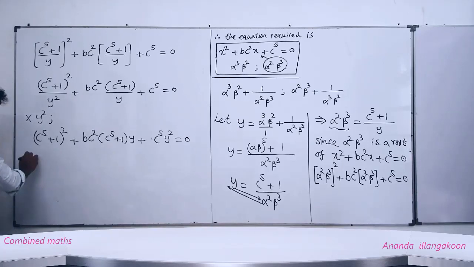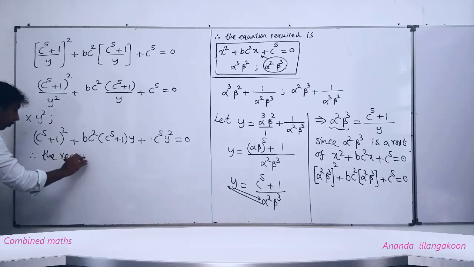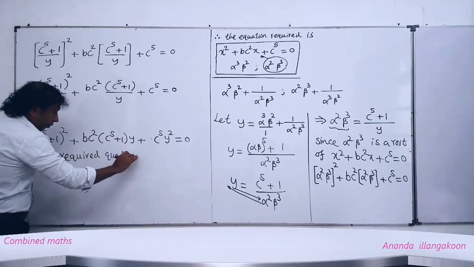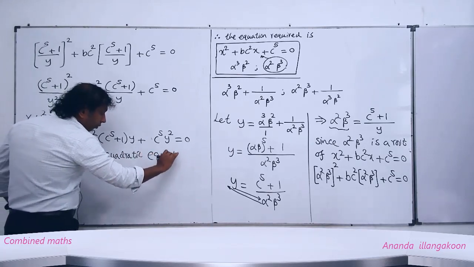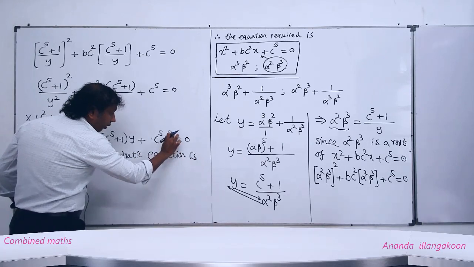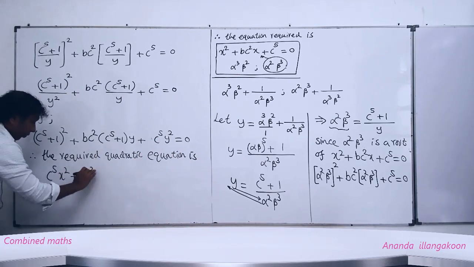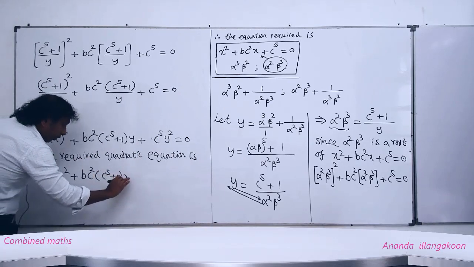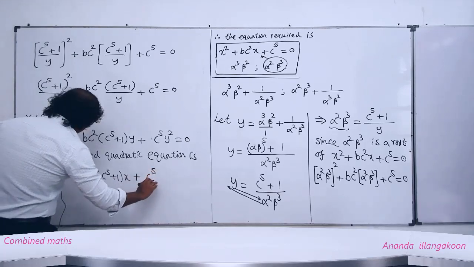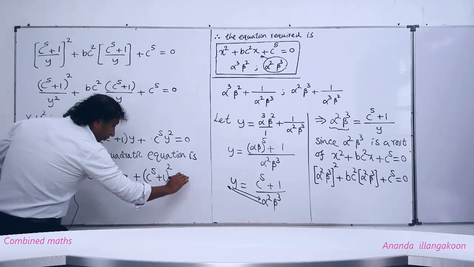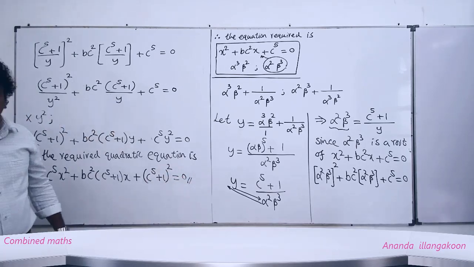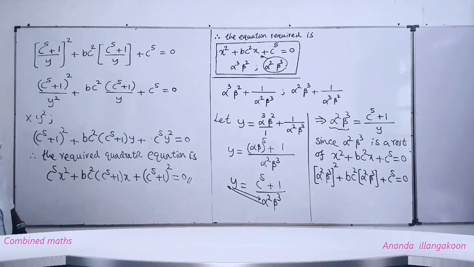Then we can write, therefore, the required quadratic equation is: first we write c5 x squared plus this one, c5 plus 1 x, and this is c5 plus 1 squared equals 0, people. This is how we get that answer.